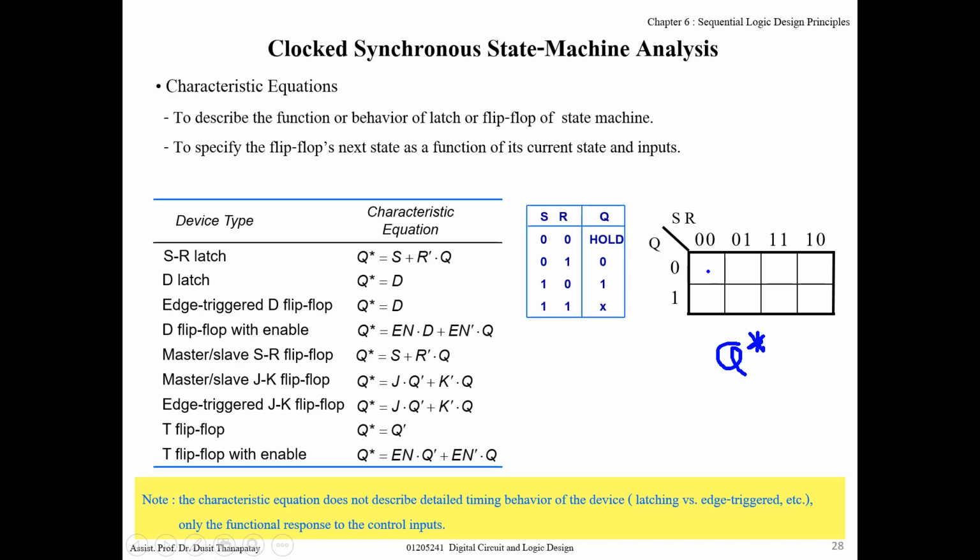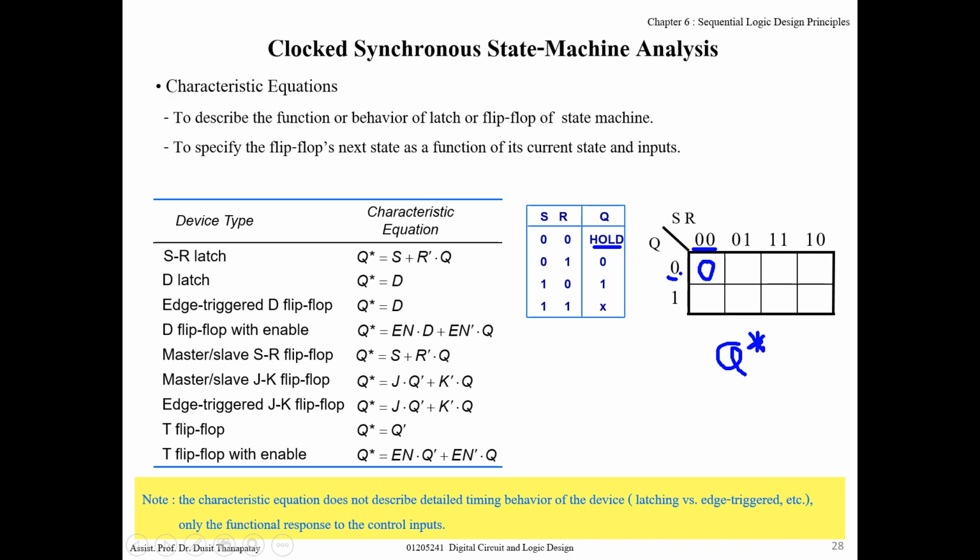So, let's consider when the current state is 0 and SR is 0, so now it's the same, right? Nothing changes. Hold mode, right? That means the value of Q star will be the same as the current state or the previous one.